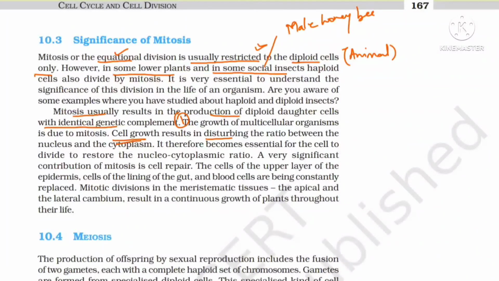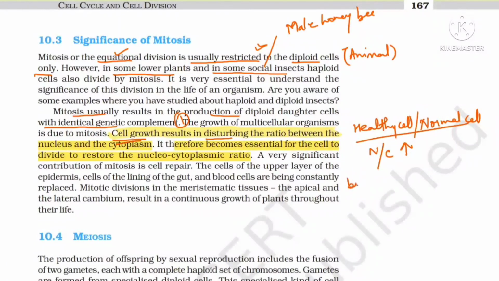And when cell growth occurs, then what happens? The ratio is disturbed. Which ratio? The ratio between nucleus and cytoplasm is disturbed. So what do they do? It becomes essential to divide so that the nucleocytoplasmic ratio comes back. So a healthy cell means a normal cell. What they want is the nucleocytoplasmic ratio should be high.